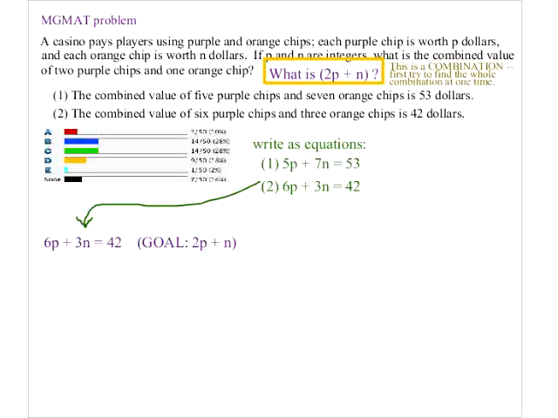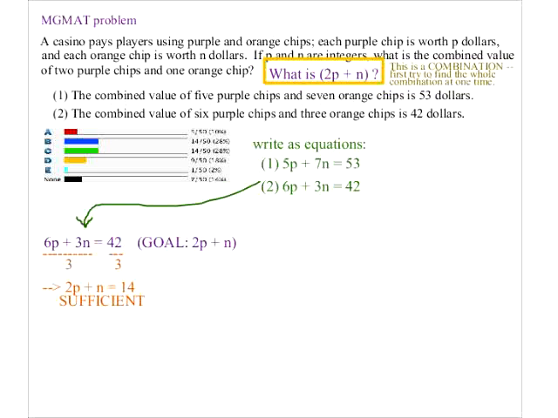If you do, go ahead and type in the text box. You can divide both sides by 3. So let's do that. If you divide both sides by 3, or you can factor out 3. Victoria is doing that. A couple of other people are doing that. Same sort of deal. So if you do that, then you wind up with 2p plus n is 14. This is sufficient. Notice you don't even have to calculate this number. You could just say 2p plus n is some hard value because the number itself is irrelevant.